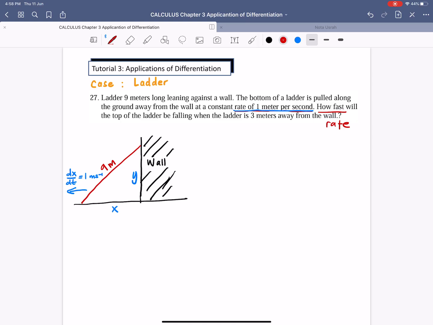It means that we need to find dy/dt, because it is about the y variable, the rate of change of y with respect to time. So dy/dt when the ladder is 3 meters away from the wall, when x is equal to 3.